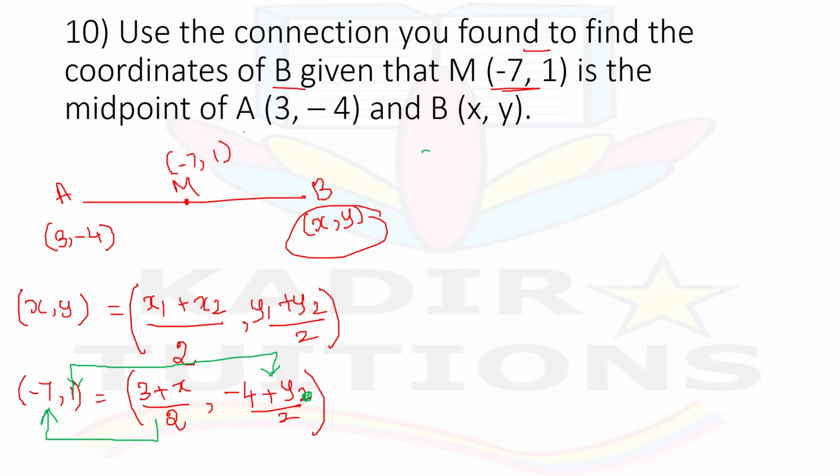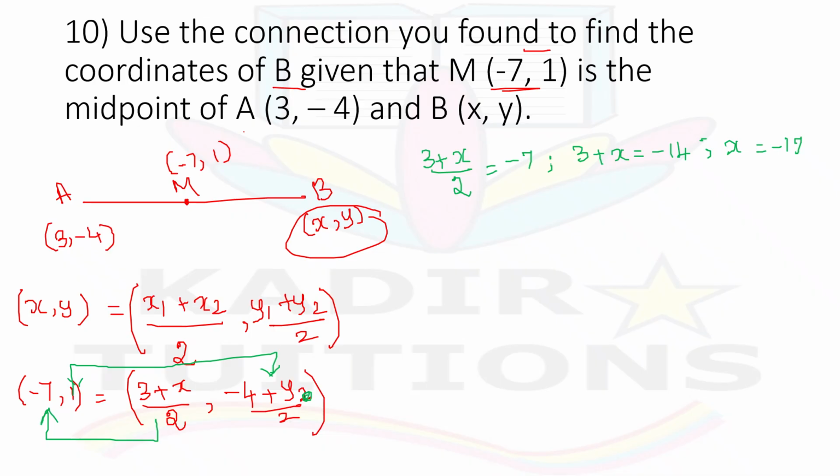What I can do now: 3 plus x by 2 equal to minus 7. So we can move this 2 from LHS to RHS. Then we will be getting 3 plus x equal to minus 14. Then x equals minus 14 minus 3, which is nothing but minus 17. And we will compare the y coordinate now.